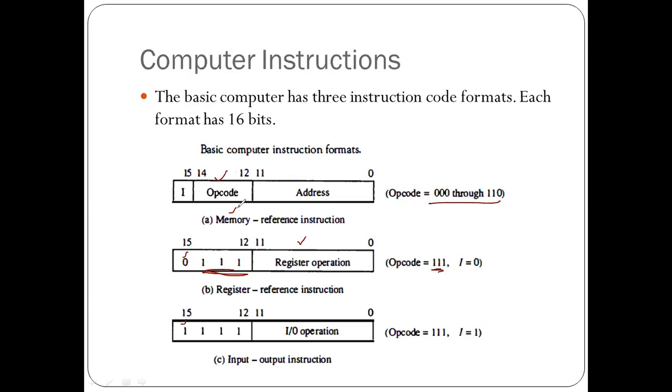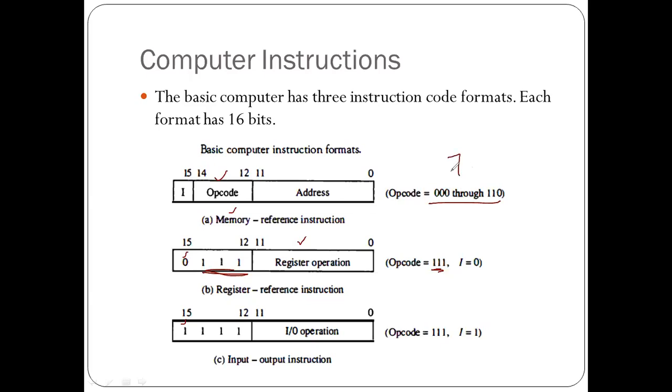And the remaining 12 bits are used for specifying the register operation, and similarly the IO operation. So for your arithmetical or logical operation which requires 2 operands, one operand is in the accumulator, and the other operand should be in memory. With any arithmetical or logical operation, you can implement a maximum of 7 here, 000 to 110, which is 6.